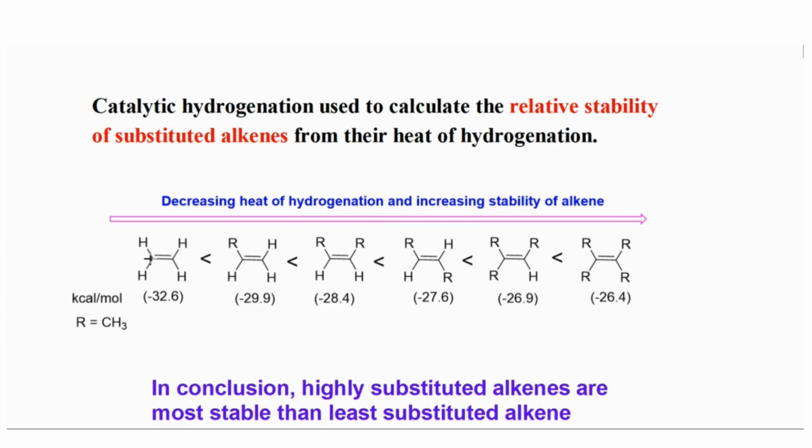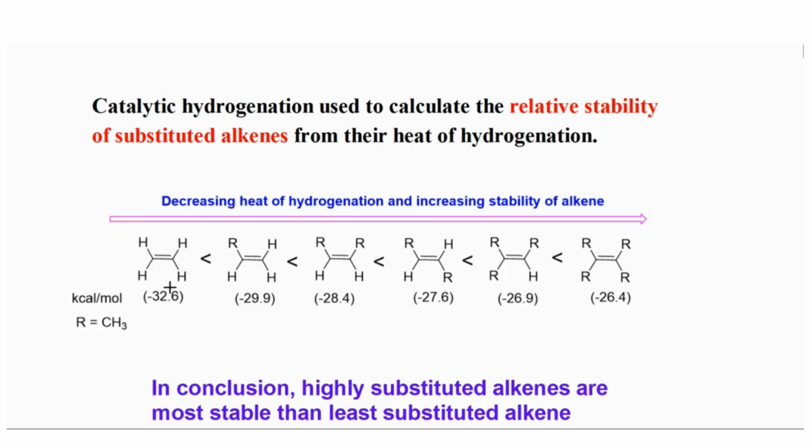When the alkene carbons are connected to groups other than hydrogen, it is called a substituted alkene. Here this alkene carbon is connected with only hydrogen, so this is not substituted at all. Here one of the hydrogens is replaced with an alkyl. Continuously we are replacing the hydrogens likewise. So in this compound, all are R groups, alkyl groups. So this is the highly substituted alkene, and this is the least substituted alkene.